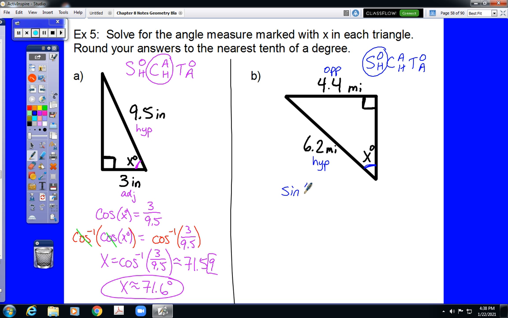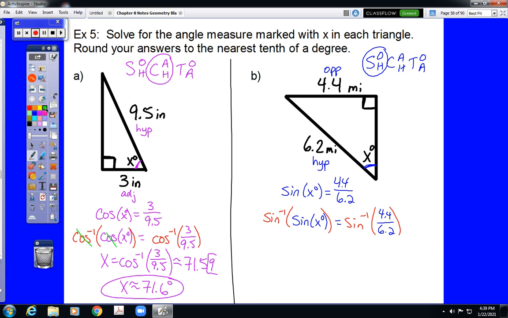The sine of our angle x is opposite over hypotenuse, 4.4 over 6.2. We take the inverse sine of each side. So the inverse sine, or arc sine, of the sine of x equals the arc sine of 4.4 over 6.2.